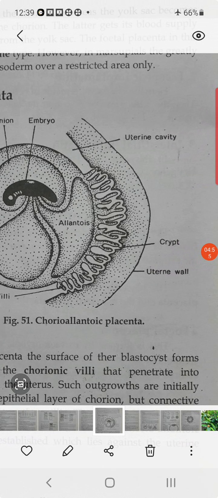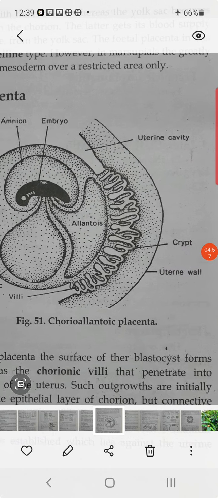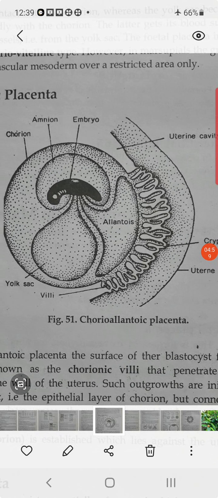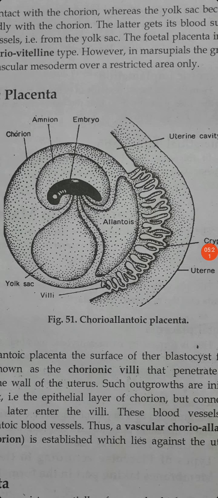See the diagram here, and the connection is established between the uterine wall and embryo by the chorion, the chorionic membrane. See, the chorionic membrane gets folded in villi form and they get entangled in the endometrium of the uterus. So this is called the chorioallantoic placenta.